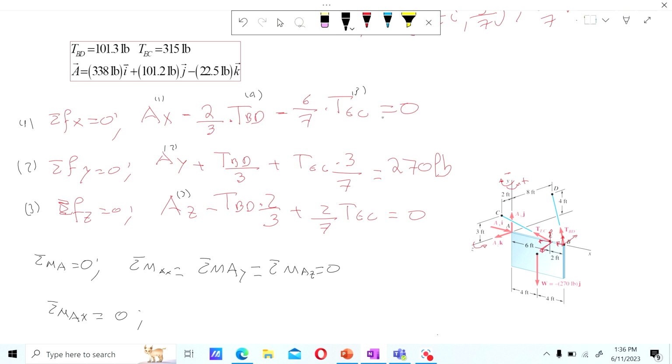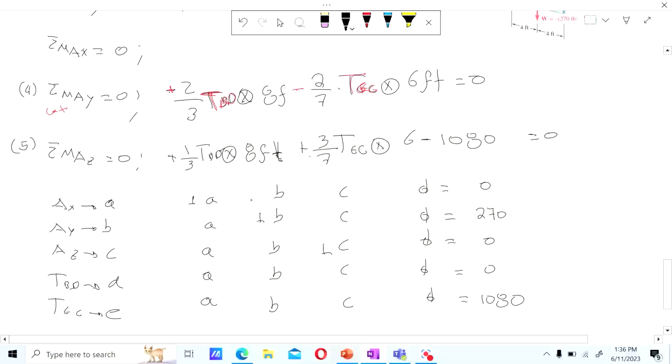So we have no AY or AZ in equation 1, no AX or AZ in equation 2, and equation 3 doesn't have any AX or AY. Therefore, we're going to have zeros. Let me use red for the values: 1, 0, 0, 0, 1, 0, 0, 0, 1.